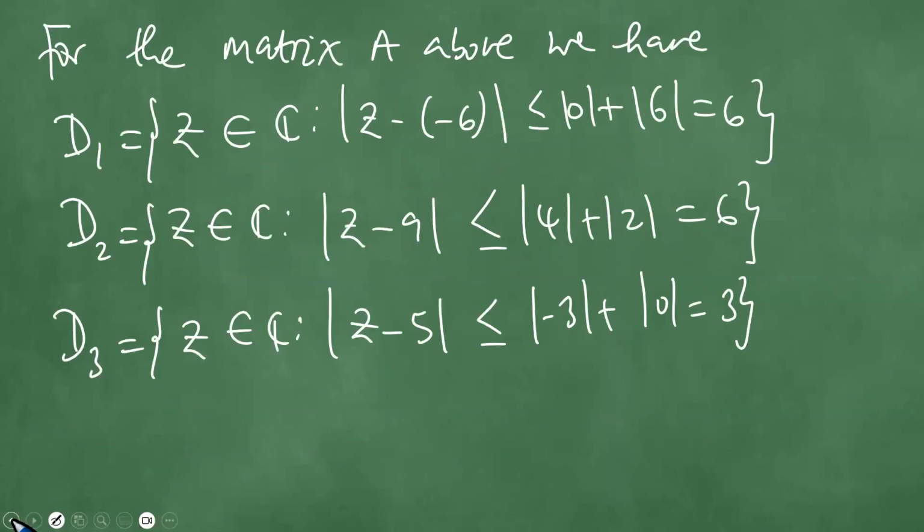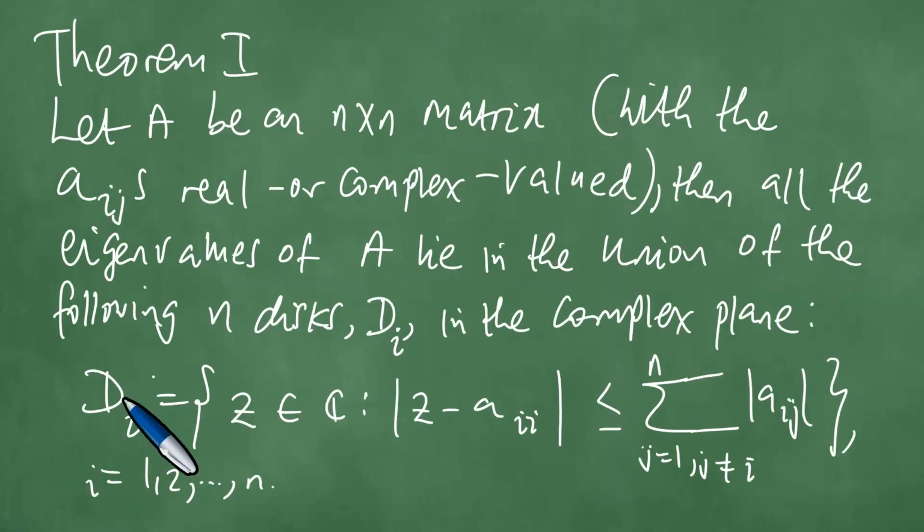Now theorem one actually mentions that if you let A be an n by n matrix with the aij's real or complex valued, so these are the entries in the matrix, then all the eigenvalues of A lie in the union of the following n disks, Di, in the complex plane.